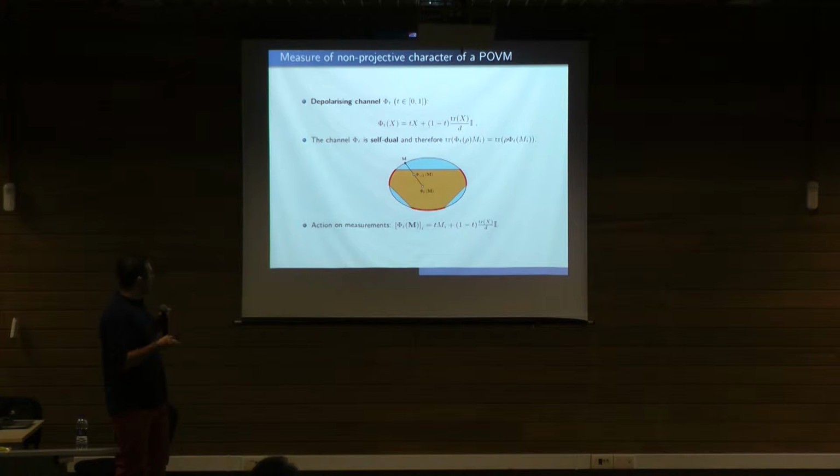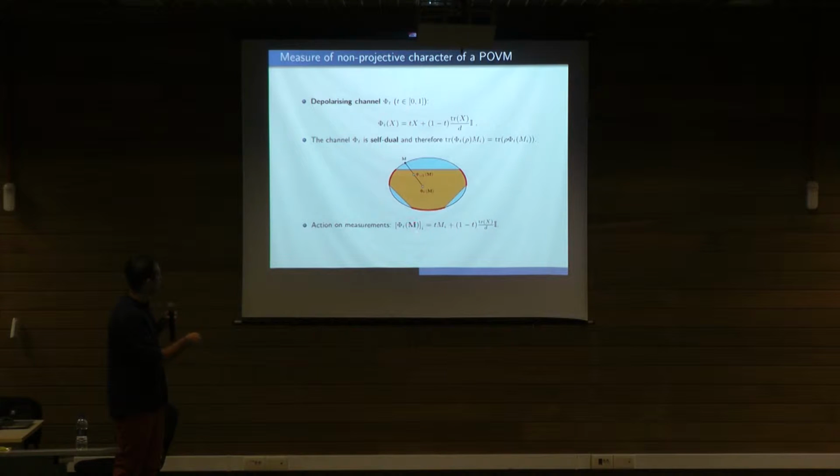Still, for any dimension, you can come up with a measure that indicates the non-projective character of a measurement. So we can take a dephasing channel that we apply to the effects of our measurement.